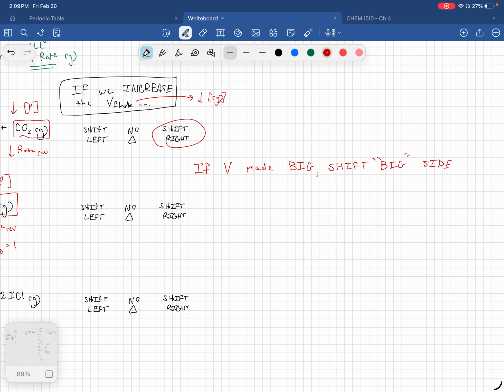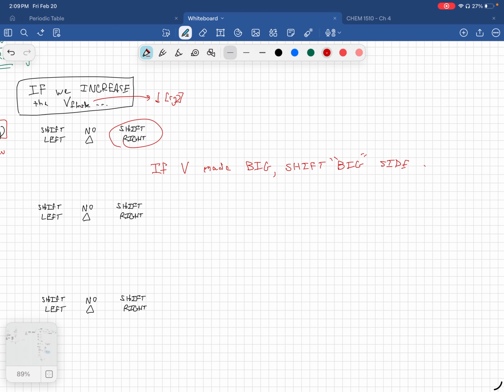Okay, so what does big side mean? The side with the larger N gases, right? That's what big means in this case. So if make V big, then reaction will shift to the big side.